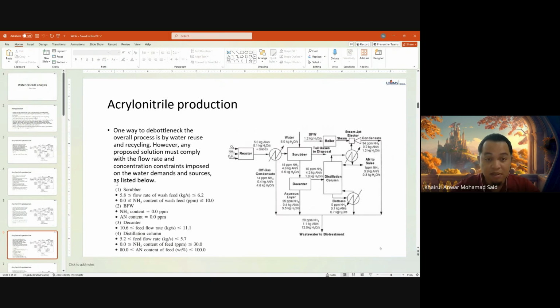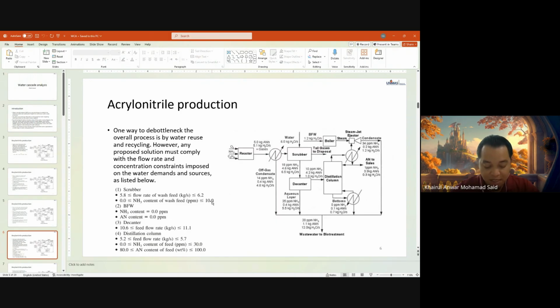So based on this info for the scrubber, the wash feed is actually between 5.8 to 6 kg per second, and the NH3 content can be pure water, or 0 ppm NH3, or it can also tolerate up to 10 ppm of ammonia content in the washing.